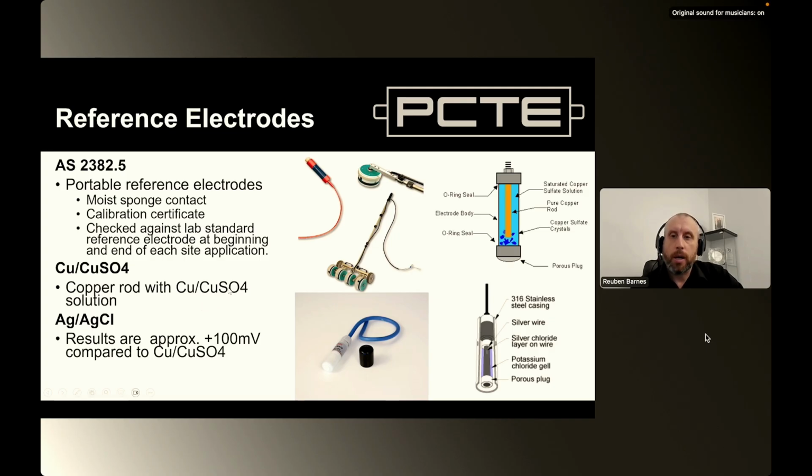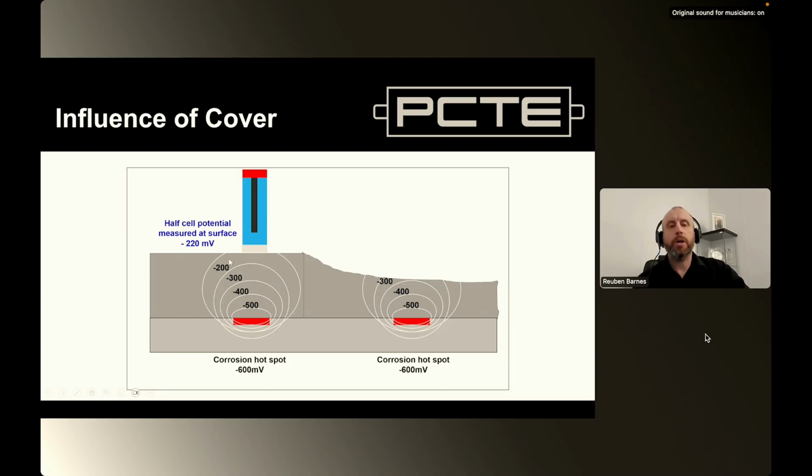Okay, next point. We're going to talk about some influences that occur when we're taking our measurements. Now, I just want to describe what's going on here inside of the concrete. We have our anodic area, so our area of risk where we believe that corrosion is occurring. In this case, it appears that corrosion is occurring. We then have our hotspot, or our anode, which is at about negative 600 millivolts.